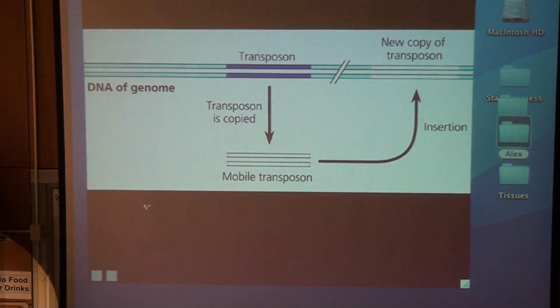Here in this diagram, the light blue is the non-transposon part of the genome. In other words, regular old DNA that might be encoding your own genes there and there and there. And the dark blue is the transposon. So it's still DNA, it's still G's and A's and T's and C's, and it's still part of your chromosome. What you find if you look at the sequence within the transposon are some genes.